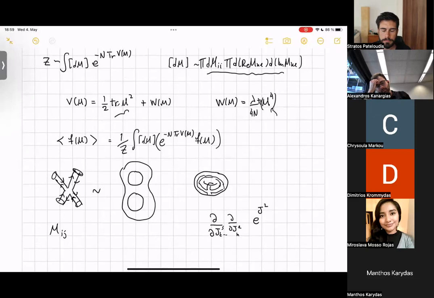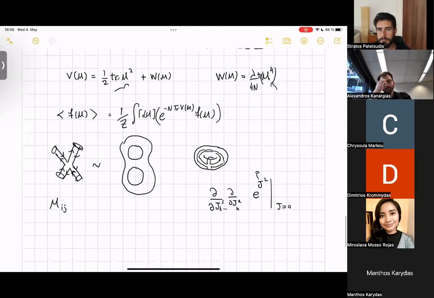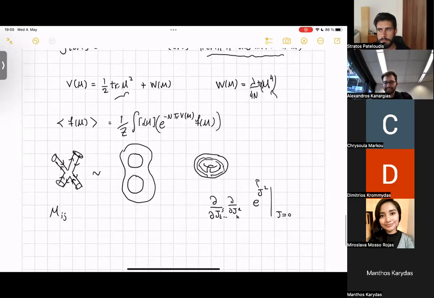In the end you put J equals 0, and this J is a matrix. So you differentiate with respect to these J's, and if you don't want to get zero, you should differentiate in a way that the indices match each other. The possible ways that you match these indices give you the different topologies in the expansion. Maybe we're talking about the same thing in a different way.